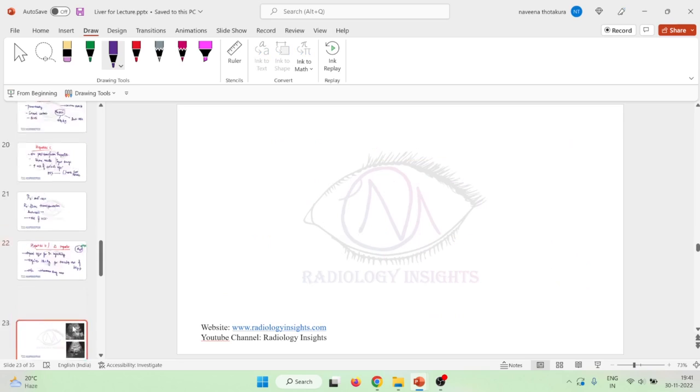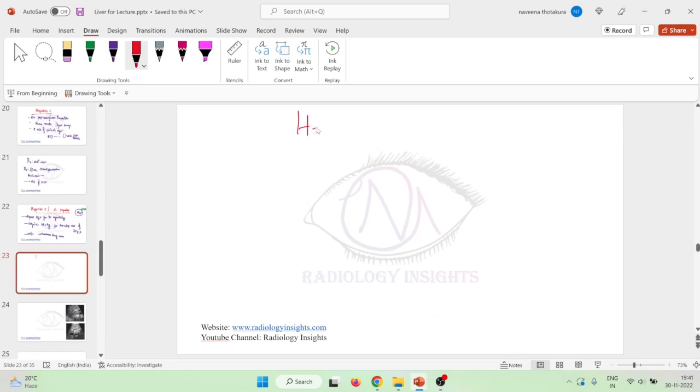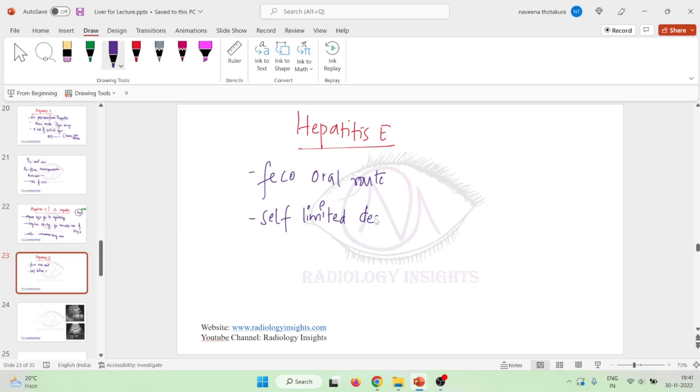Then the next type of hepatitis is hepatitis E. This hepatitis E is mainly caused by the fecal-oral route, and it is a self-limiting disease. That is, it resolves on its own.